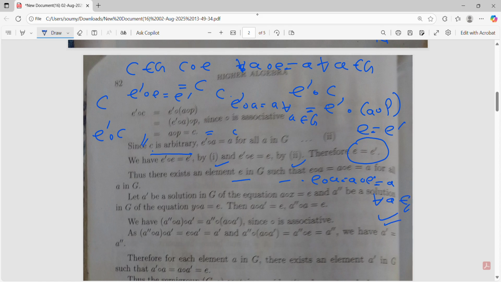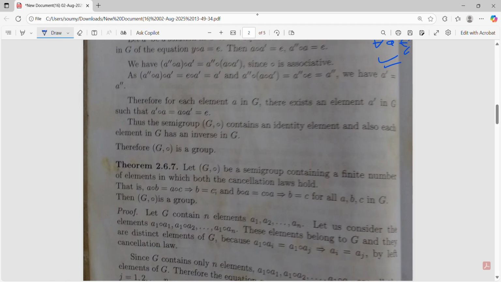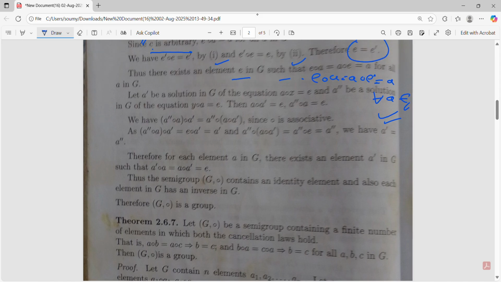Now let A dash be a solution in G of the equation A compose X equals E, and A double dash be a solution of the equation Y compose A equals E. Basically we are trying to find the inverse of the element. So we get A compose A dash equals E, and A double dash compose A equals E.